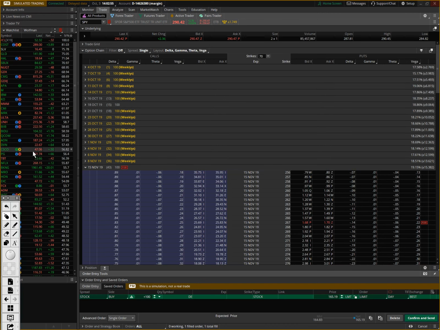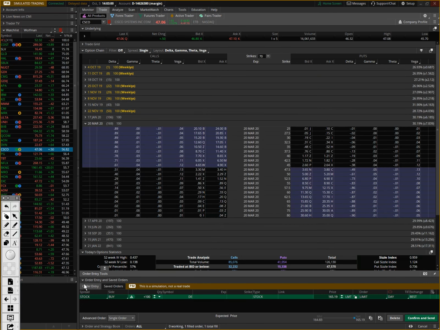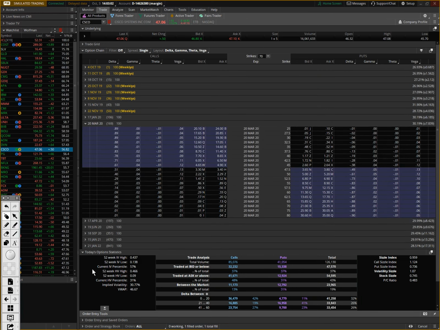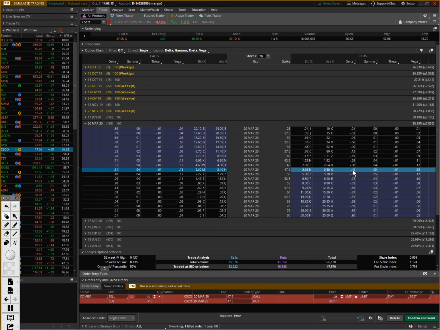Let's just find something, Cisco. Let's just say we're bearish in Cisco for lack of any other thing. What I was talking about with this, since we are doing this short, we're selling 51, so we're negative 51 deltas, and then we go out here and we're buying this, so we're getting short 49 deltas. That's a total of 100 deltas. That's equal to the underlying.